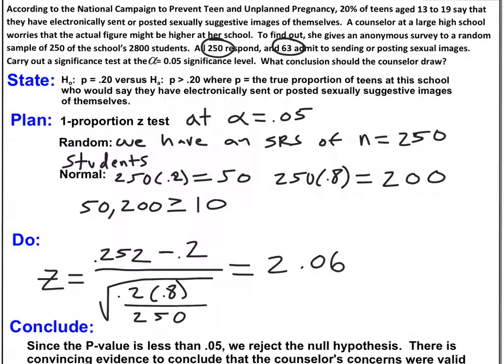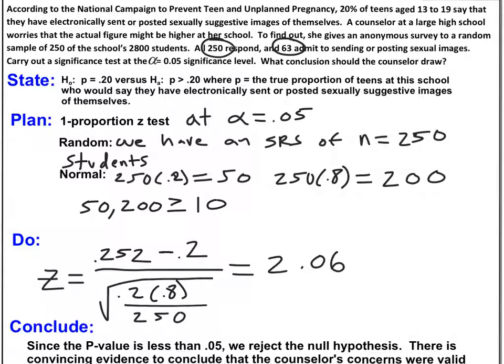So notice on this one, our test statistic is a little higher. It's up over 2, meaning this is really one of the possibilities that we're testing. Could it be at her school that the rate really is 0.2 and she got an abnormally large statistic of 0.25?